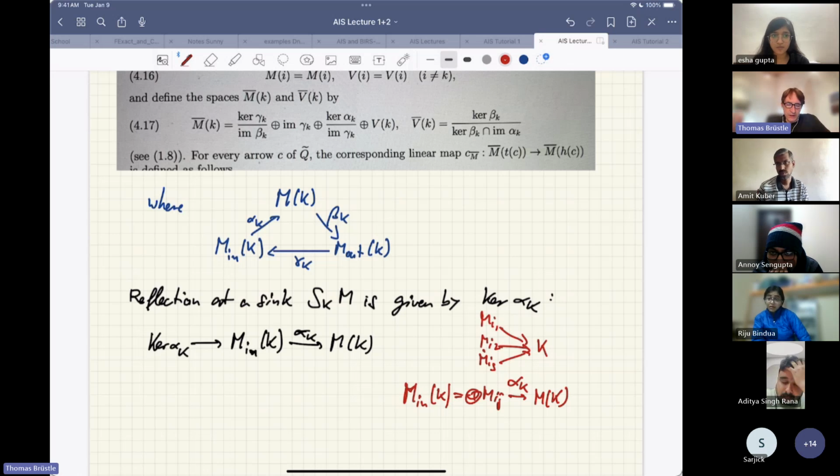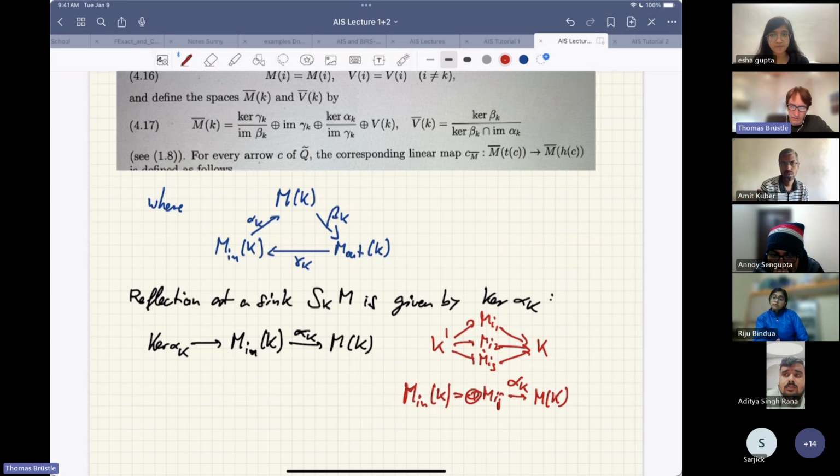This is how we started. Then what is the reflection? You want to reflect at the vertex K, so you want to reverse all arrows adjacent to K. So you're looking to replace this by a K prime, which now goes into all the predecessors of K.